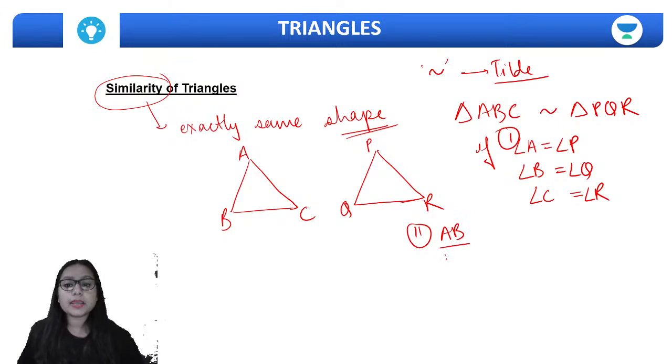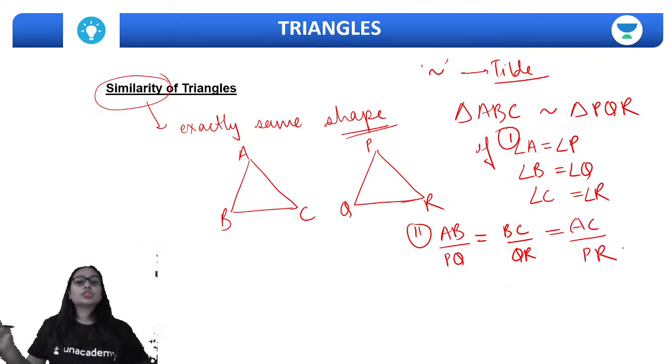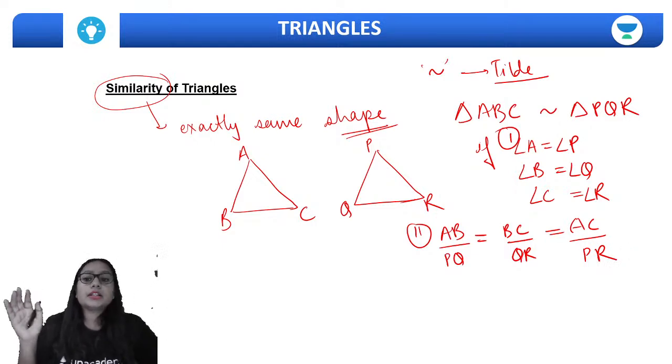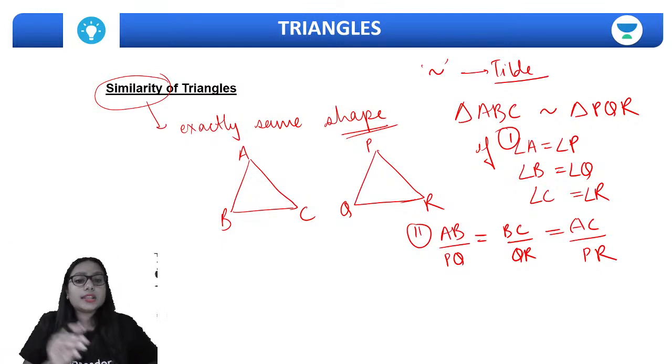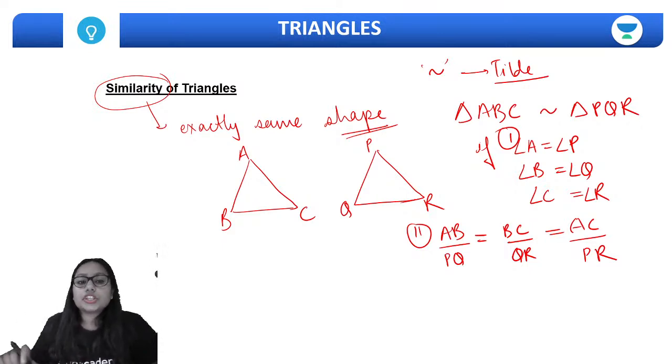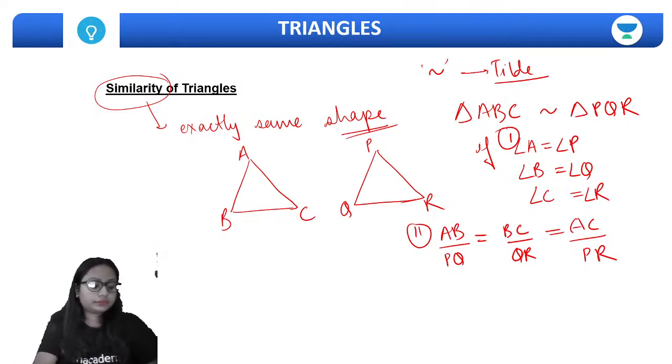Hence, AB upon PQ is the same as BC upon QR, which is equal to AC upon PR. So for any two triangles to be similar, their corresponding angles should be the same and the ratio of their corresponding sides should be the same. I hope the definition of similarity of triangles is clear to everyone. Yes, please give me a thumbs up if this concept is clear.